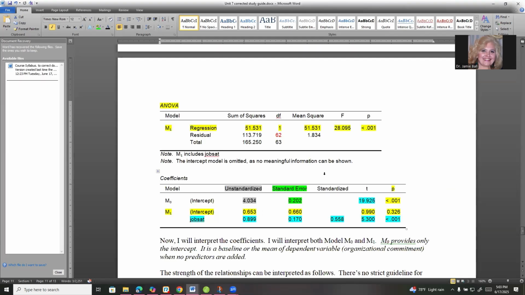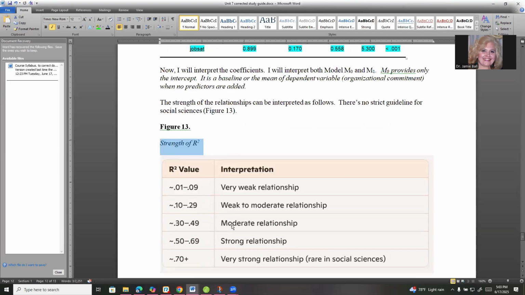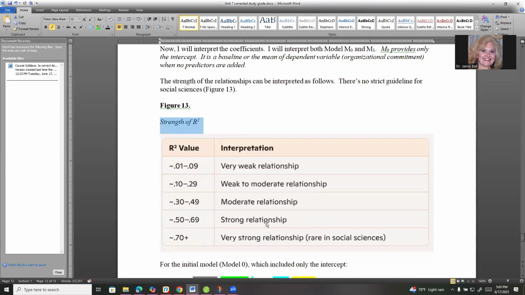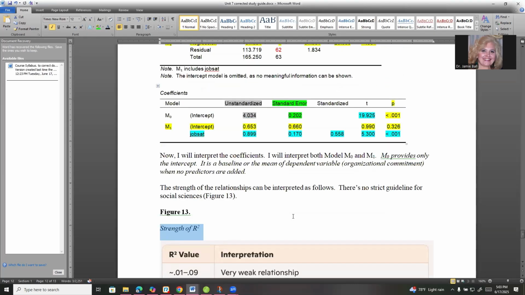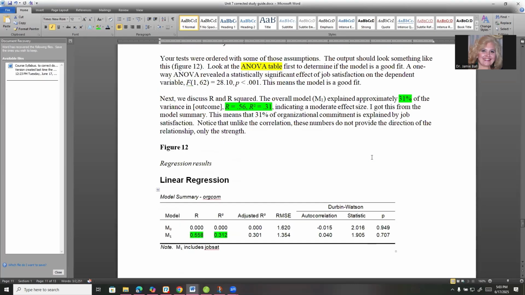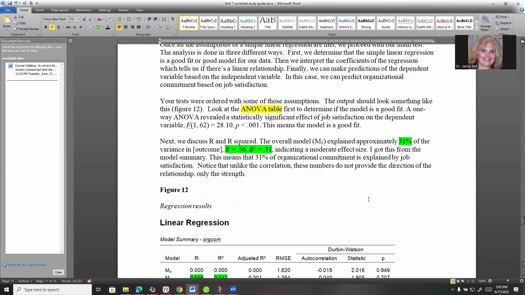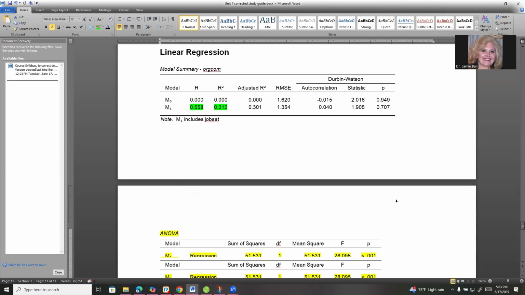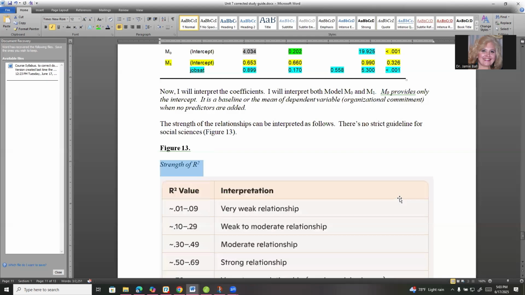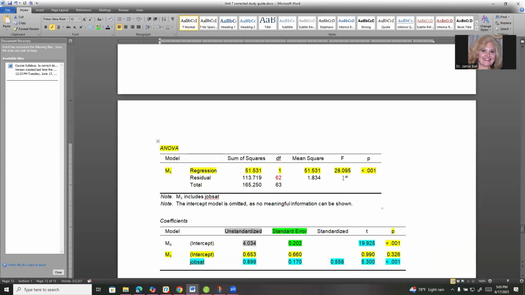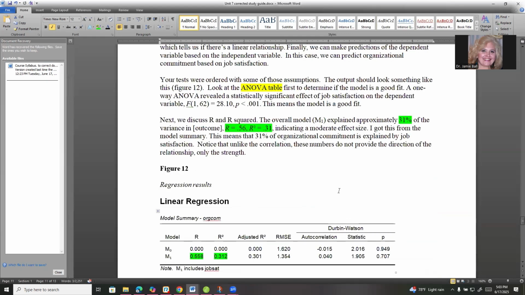So we can see the effect size. These are just suggested. Okay. So we would say that this is a moderate effect size or a moderate relationship. Now, the R squared pertains to the variability, how much of organizational commitment my predictor variable explains.